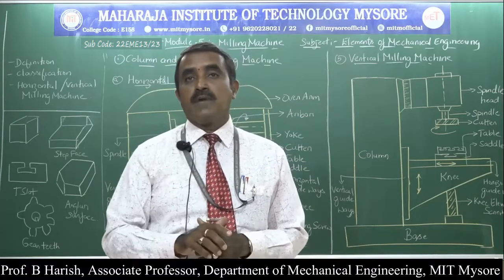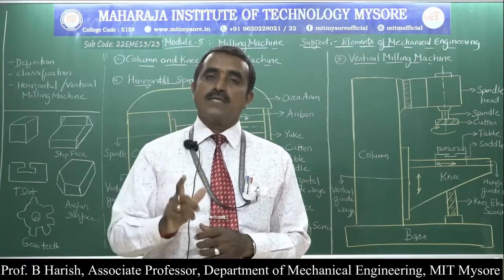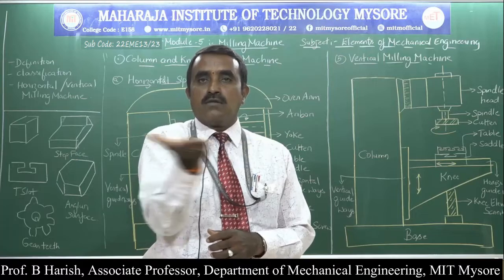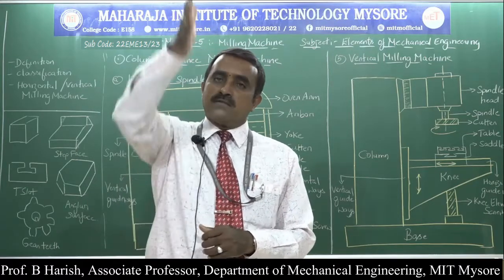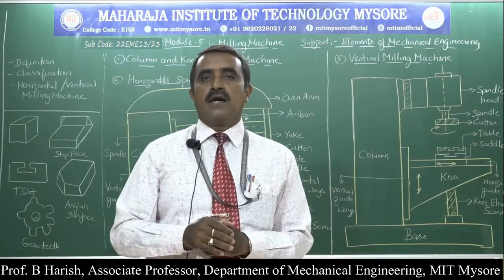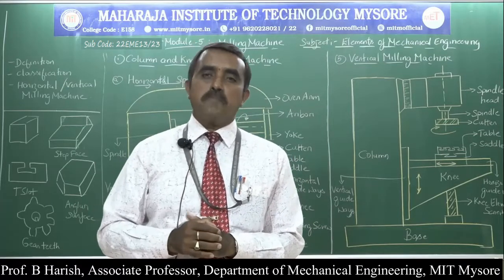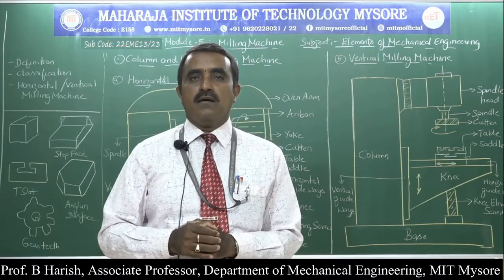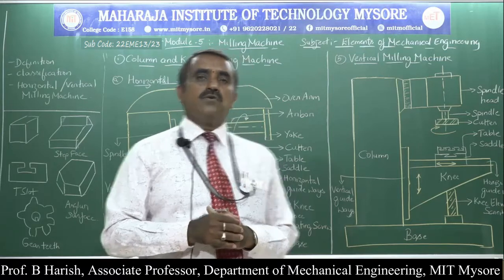Both come under the column and knee type, so both have the column and knee as major parts. We'll discuss the individual parts of both types, the horizontal spindle milling machine and the vertical spindle milling machine.